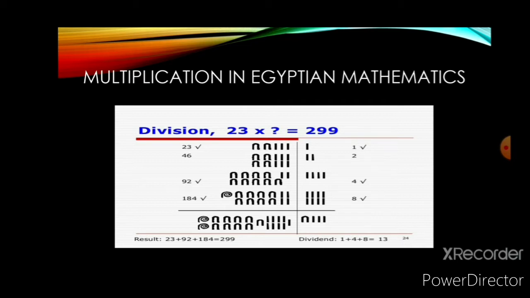For example, to divide 299 by 23, we take 23 as shown and multiply by 2 on both sides till the number on the left exceeds 299, that is after 184. Then, checking which values on the left to add, we get the number 299, and then taking the respective values on the right and adding them, we get the answer, that is 13 in this example.